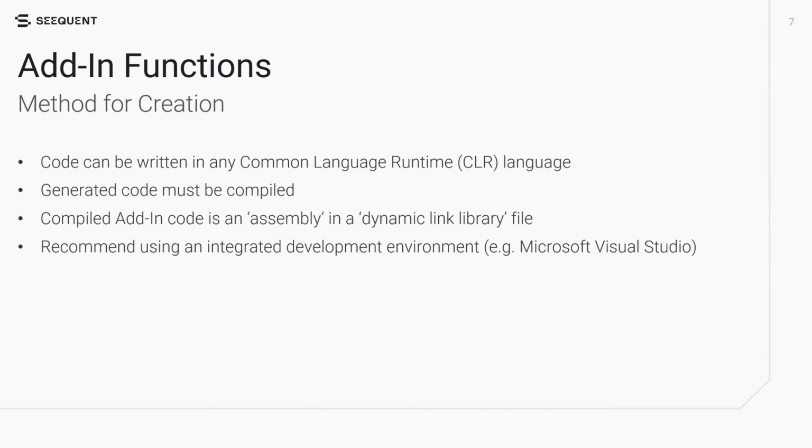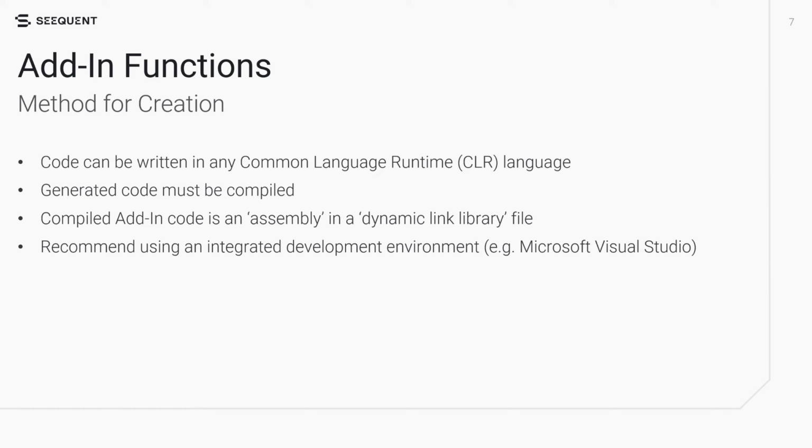An add-in function can be written in any common language runtime coding language like F#, C#, and C++. The generated code must be converted to the appropriate format in order to be called by GeoStudio. A computer language compiler is used for this conversion. A compiler is a computer program that transforms source code written in the source language into another computer language called the target language.